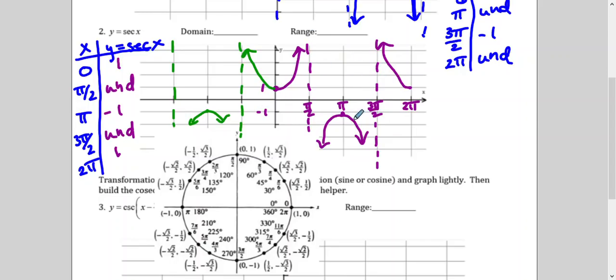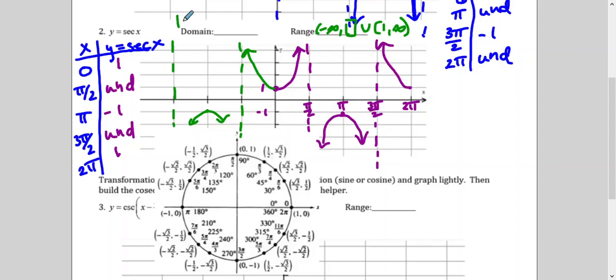So your range is the same range as your cosecant, negative infinity to negative 1, and then 1 to positive infinity. And your domain is similar to your domain of cosecant. It's all of the numbers except not the asymptotes. But this time the asymptotes are a little bit trickier to describe.